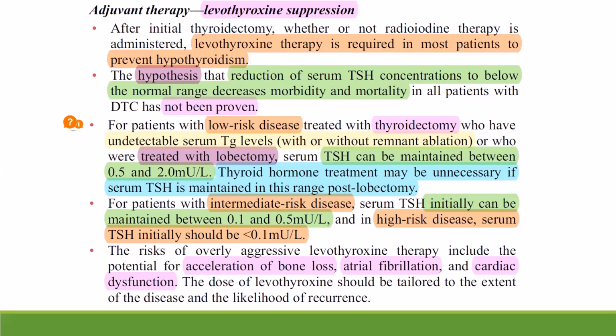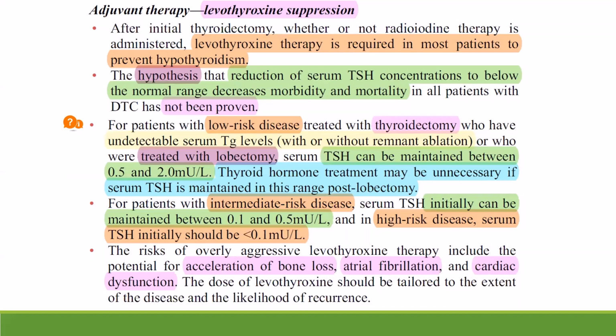post lobectomy. So in some patients presenting with papillary carcinoma and treated by lobectomy, hemithyroidectomy, and the TSH is in the lower half of the normal without thyroxine therapy, and the patient is low risk, in this situation the patient can go home without replacement therapy because the target of the TSH is less than 2.